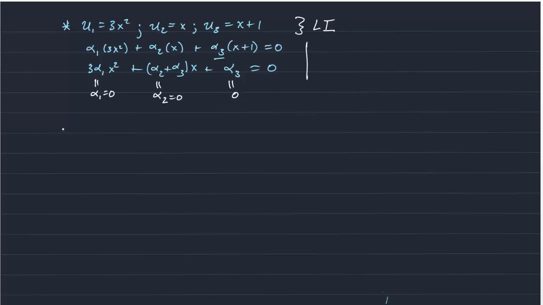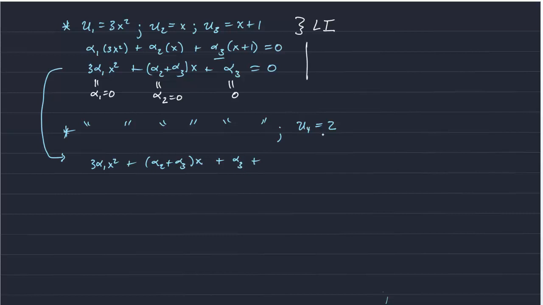And as the last example, let's consider the same set above, U1, U2, U3, and then let's just add one more function, say U4 equals 2. So adding on to our equation here, we would again have 3 alpha 1 x squared plus alpha 2 plus alpha 3 x plus alpha 3, plus we would have alpha 4 times 2.